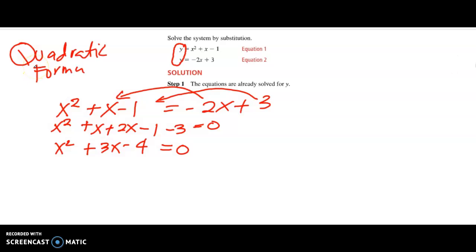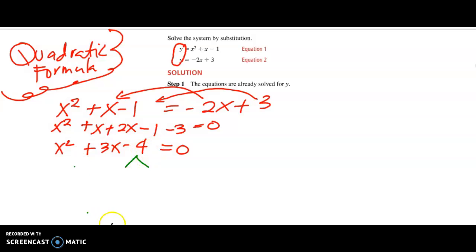However, we mentioned that one of the disadvantages of the quadratic formula is that it's time consuming. It takes a lot of steps. Now by inspection, you can come up with the factored form of the left-hand side because you can find two integers such that their product is -4 and their sum or difference is 3.